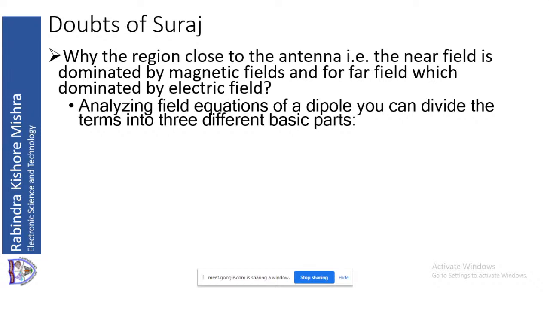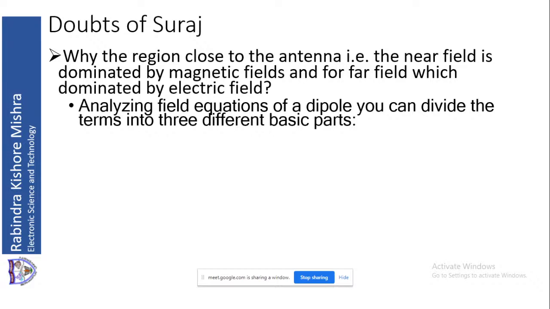Even if you are interested in E_r, you can see that it has two terms: one inversely proportional to r cube, the other inversely proportional to r square. It has no term inversely proportional to r. So here I am neglecting it. Let us consider the other components. The E theta component has again three terms.